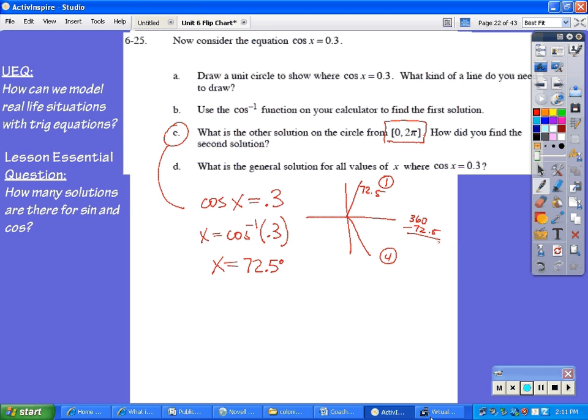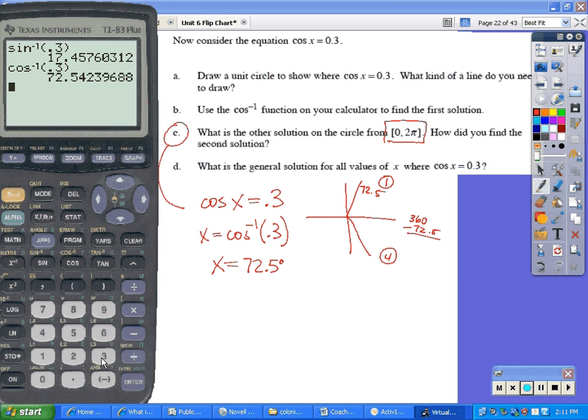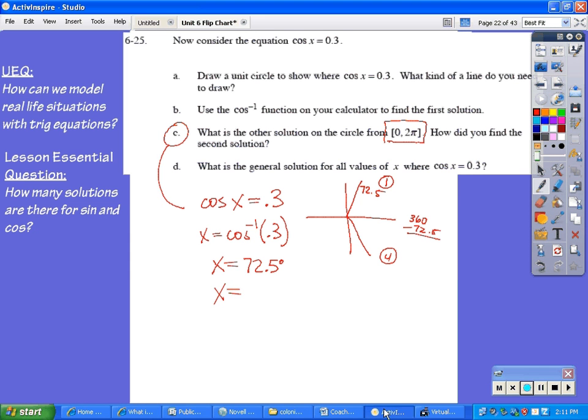So my second solution there is fourth quadrant, 360 minus 72.5. And I wind up with a second answer of 287.5. That's all my solutions between 0 and 2 pi.